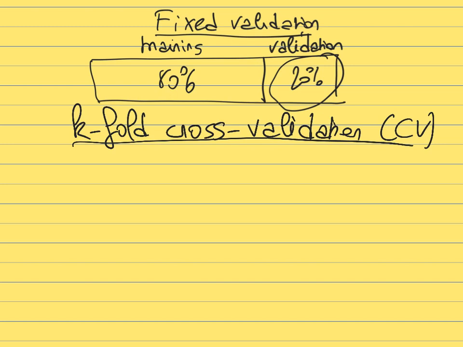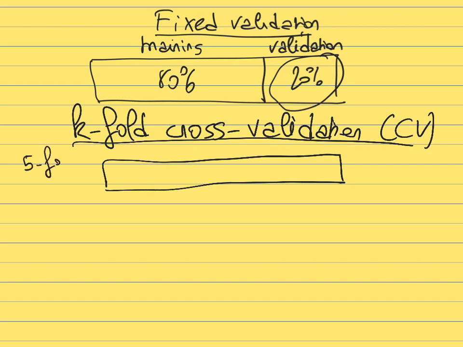The way cross-validation works is pretty simple. You start with your entire range of data, and you split it into k folds, where k is an integer. For example, if you are using 5-fold cross-validation, then you split your data set randomly into 5 folds.